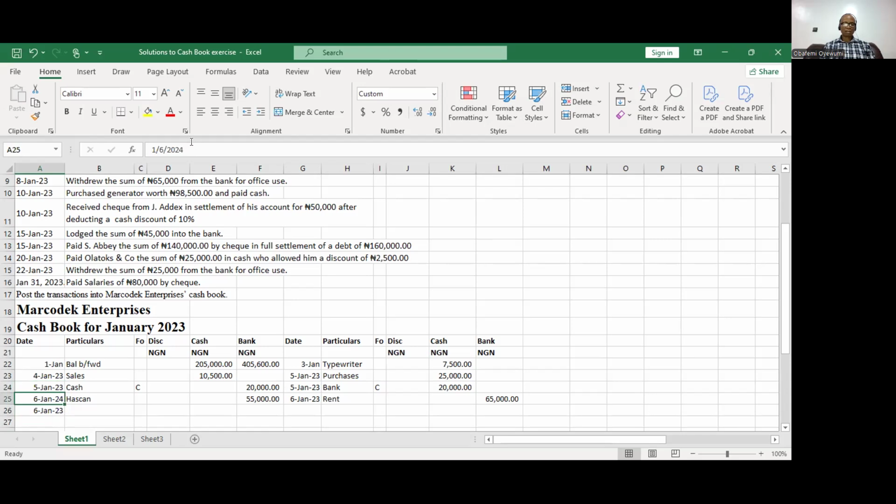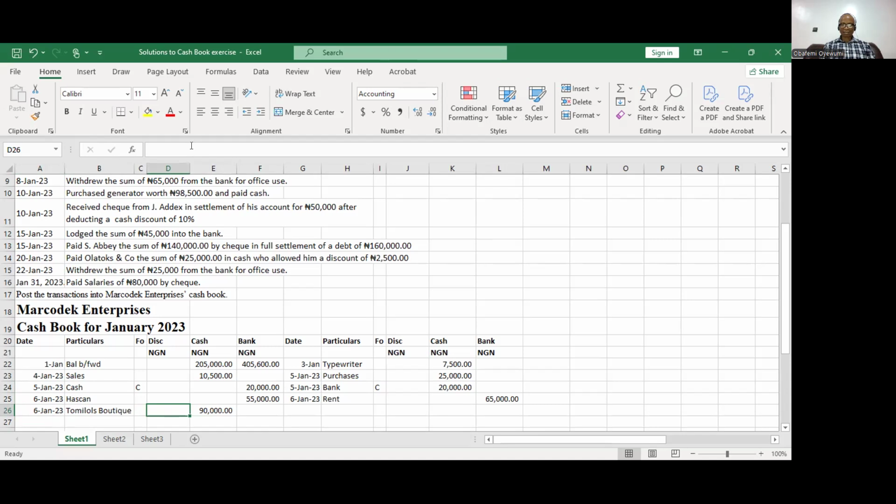Now here we have 2023. So how much was actually received from Tomilo's boutique? Received 90,000 cash.